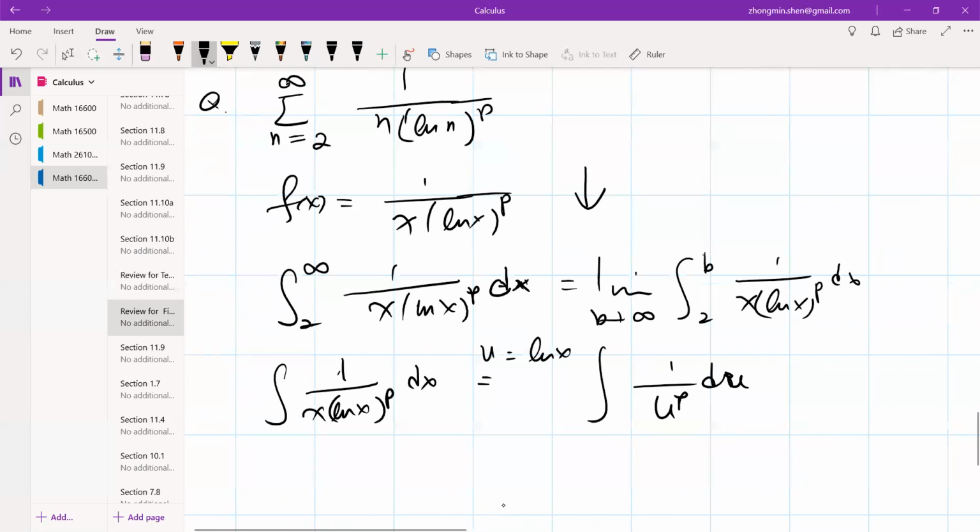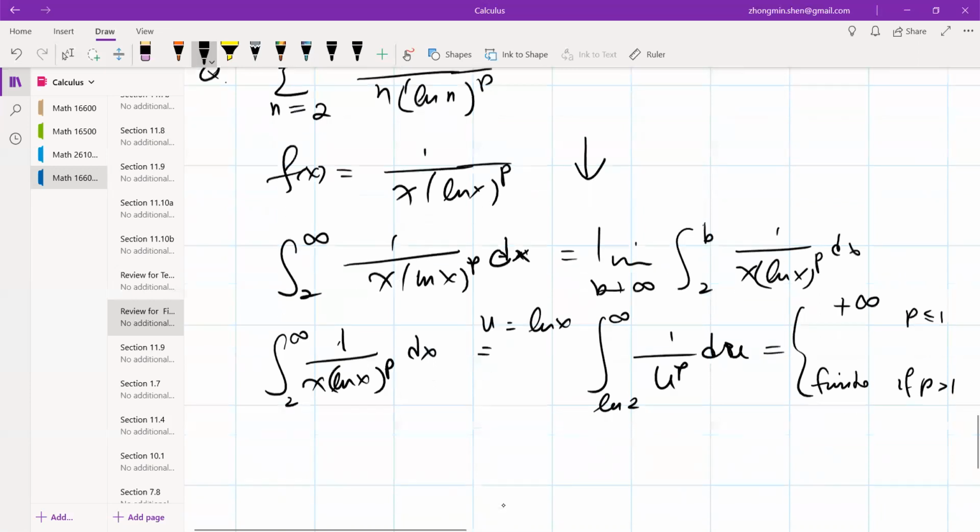So we know that from natural log 2 to infinity, this has only 2 possibilities. This is going to be infinity if p is less than or equal to 1, and then that's going to be finite if p is greater than 1, okay? You don't even need to evaluate it, we know that, okay?